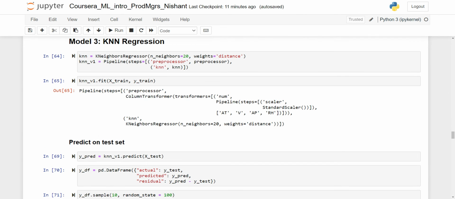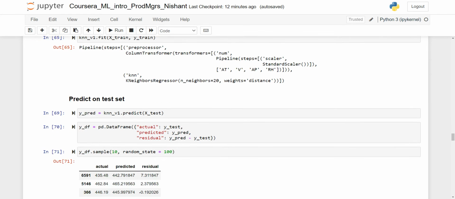Next is the KNN regression. KNN calculates the distance from all the data points, and based on the nearest neighbors, the k parameter that you provide, it will provide the best suited value according to the nearest neighbors present for this particular data point.